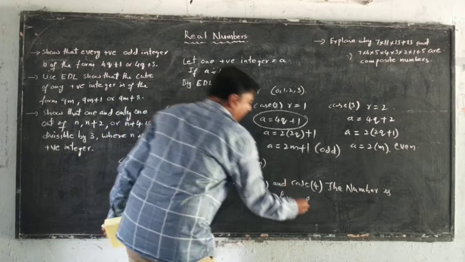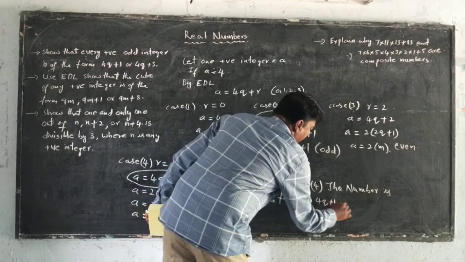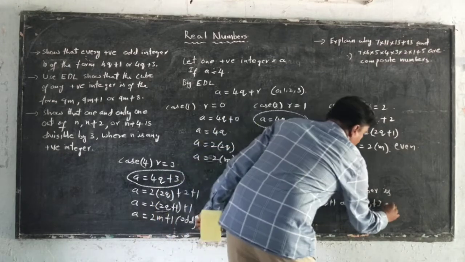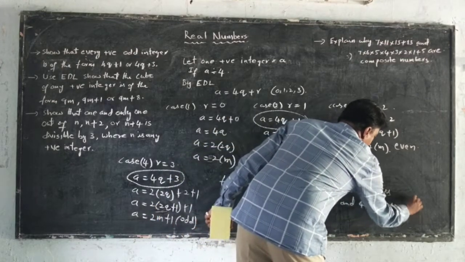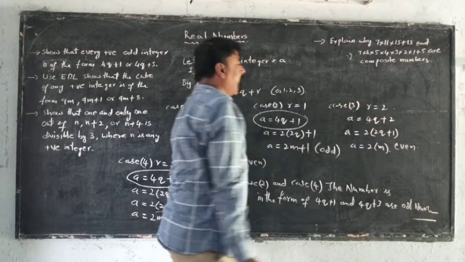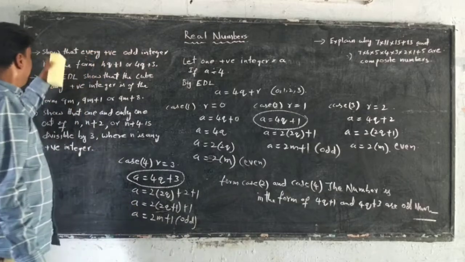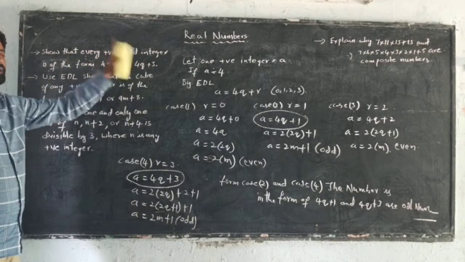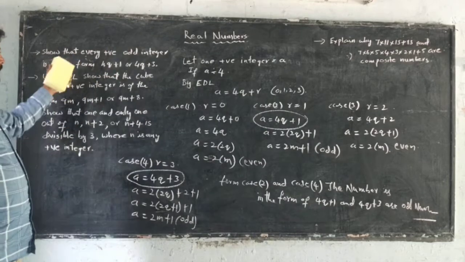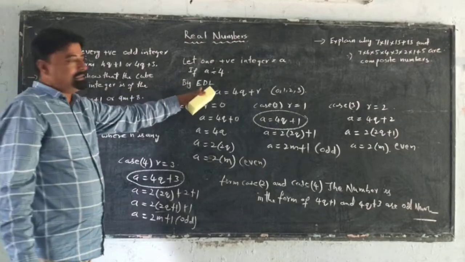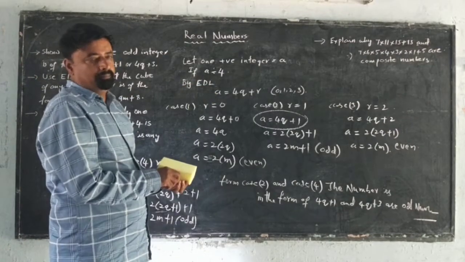That is 4q plus 1 and 4q plus 3, which are odd numbers. Okay, so like this we can prove the statement that every odd number should be in the form of 4q plus 1 or 4q plus 3. So this is one of the important statements. We need to prove this statement by using Euclid's division lemma.